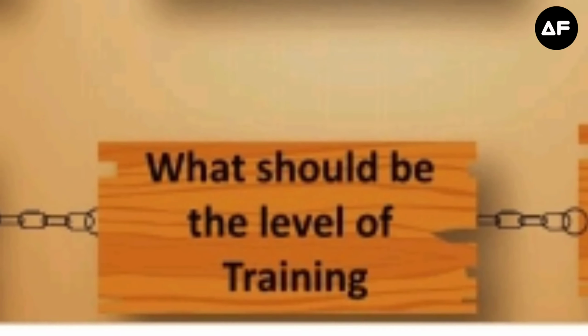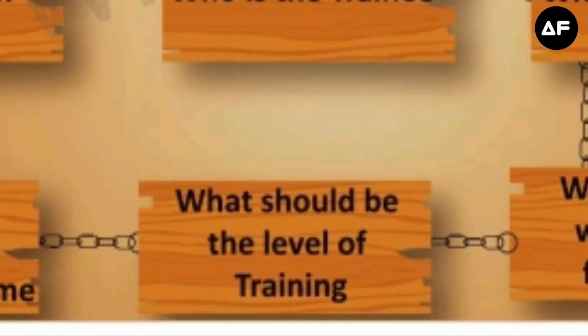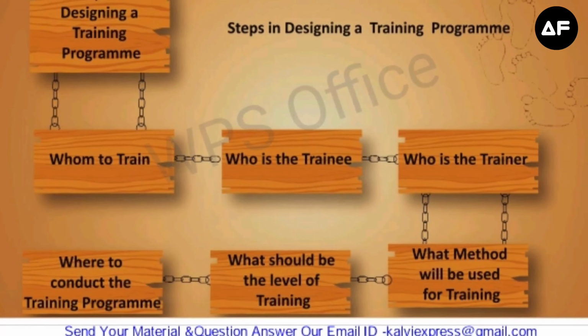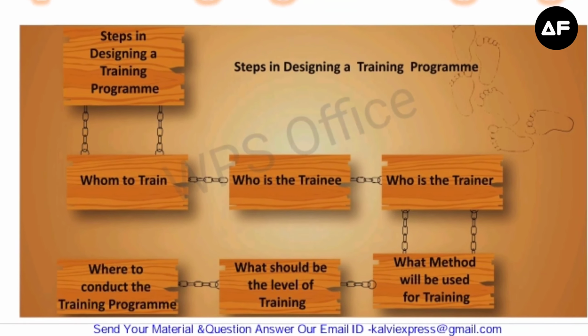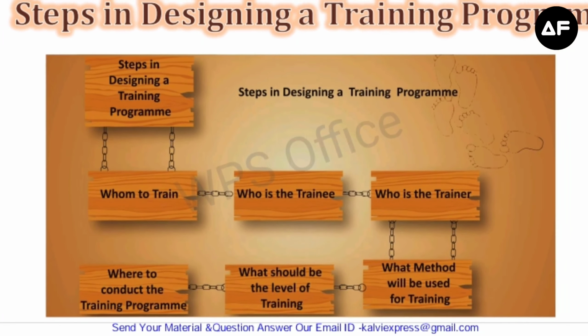Next is what should be the level of training. Is it going to be a slow training or is it going to be a vigorous training? That is going to depend upon the recruits who are coming into the organization.